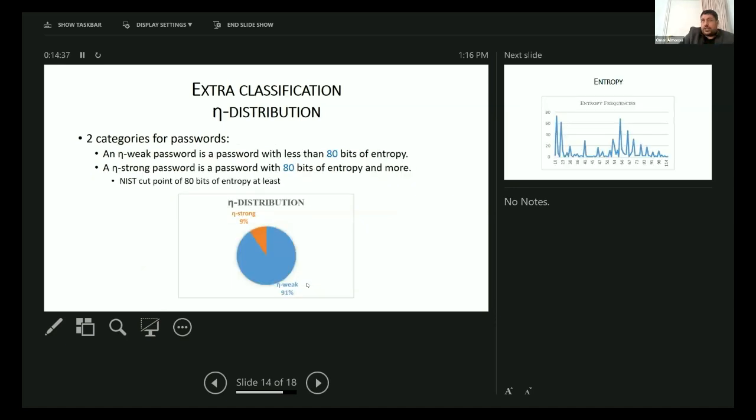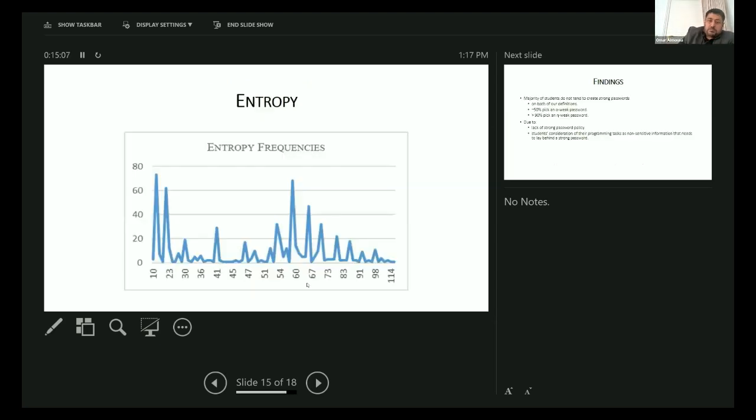While the eta distribution, the other distribution that is based on the entropy, the results were more disappointing than the previous one. More than 90% of the students were having eta weak passwords, and only 9% of them were eta strong according to this cut point of NIST. And this is again the distribution, specifying how these 9% are distributed.